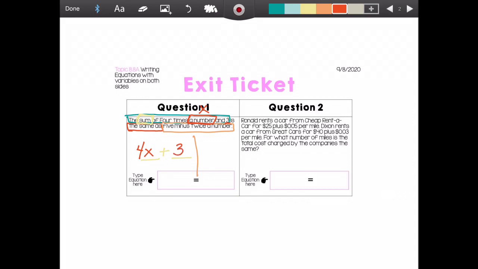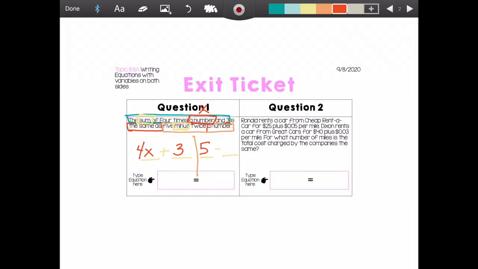Now let's jump to the right side. It says 5 minus twice a number. The key operation here is minus. In order to subtract something, I need two things as well. The first number it gives me is 5, minus twice a number.